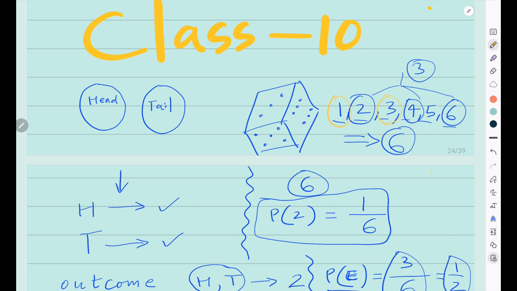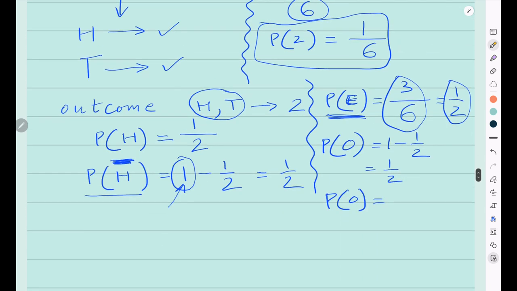Odd, odd, and odd. So there are 3 odds, and the total number of outcomes is anyway 6. So again, the probability of getting an odd number is 1 by 2, isn't it? So that is one basic concept.